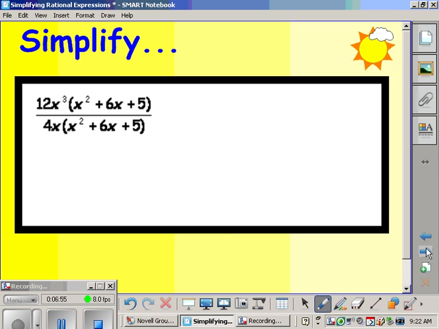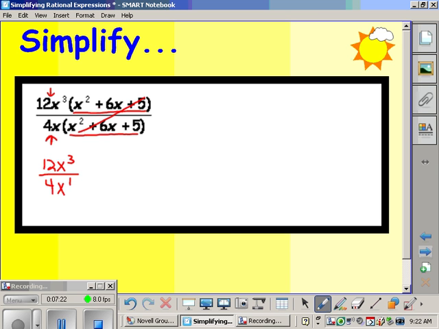Okay, in this problem, we have two monomials, so we can work with those. Then notice the trinomials, x squared plus 6x plus 5, match. So again, with binomials and trinomials, the only way they can be canceled is if they're exactly the same, because they would equal 1 when you divide. So these two can cancel. So what I'm left with is just the monomials.